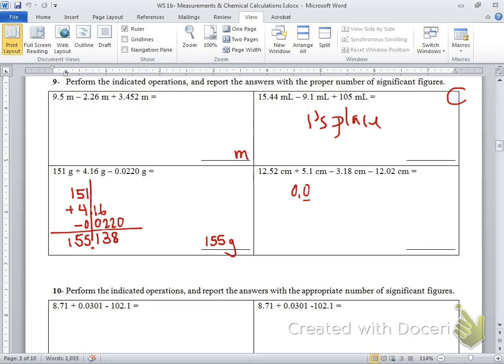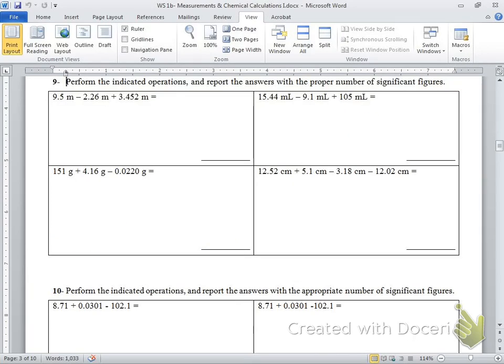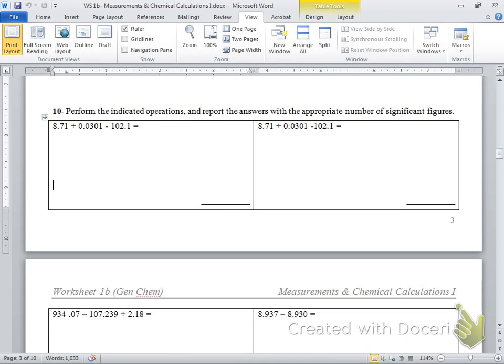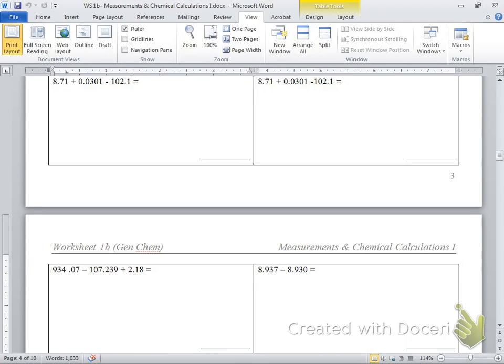Let's do the same thing with these others. Sorry, it's being really slow. We're just going to determine the place where the number should be rounded to. Determine the place where they should be rounded to.